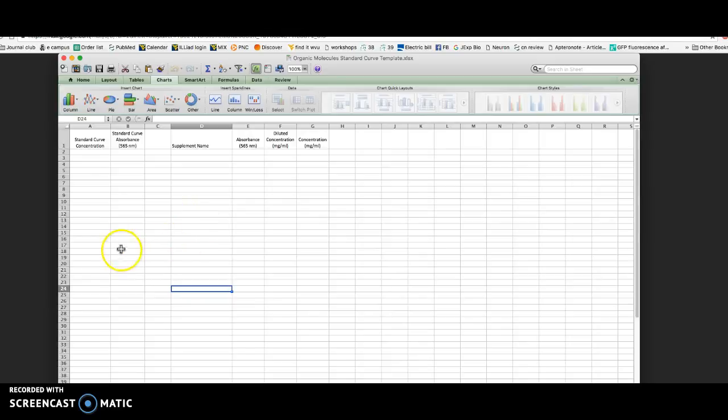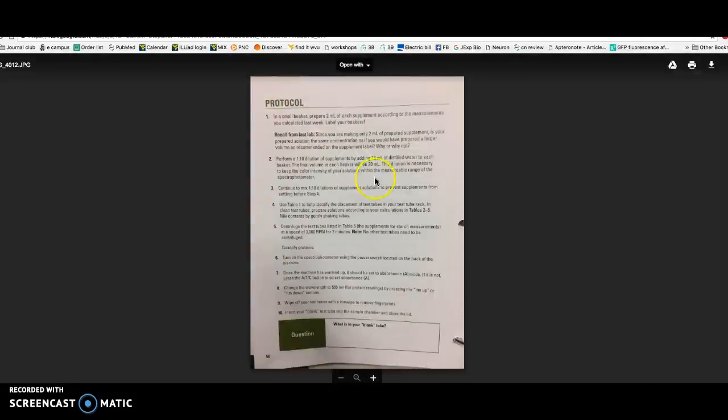Since you have the line equation and the absorbance values of these supplements, you plug those absorbance values into the line equation, and you get the concentration of protein for all three supplements you used. We have two columns here which say diluted concentration and concentration. If you remember, I took a snapshot of the protocol also.